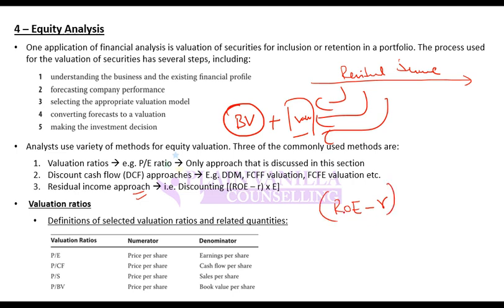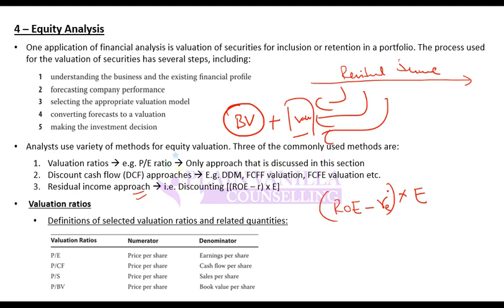ROE is the return that company is making. Required rate of return is the return which is required by the investor. So the difference is the extra return which you are making on top of the investor's requirement. If you multiply it by equity, this will give you the absolute amount of that additional income.